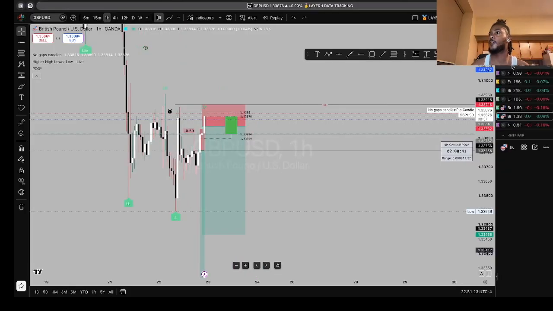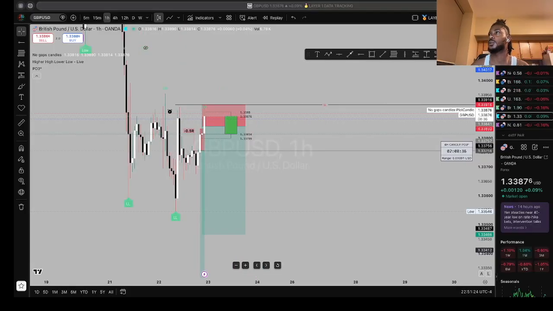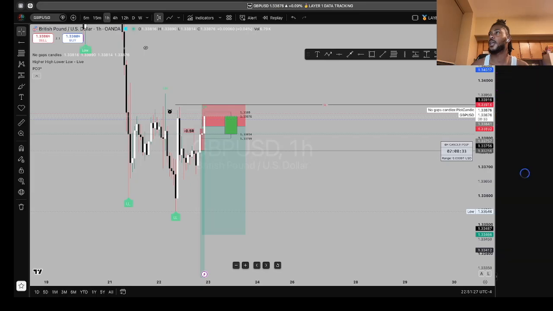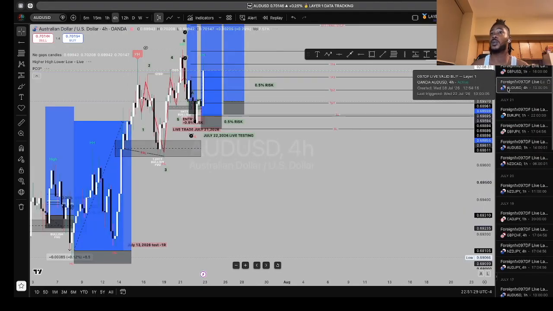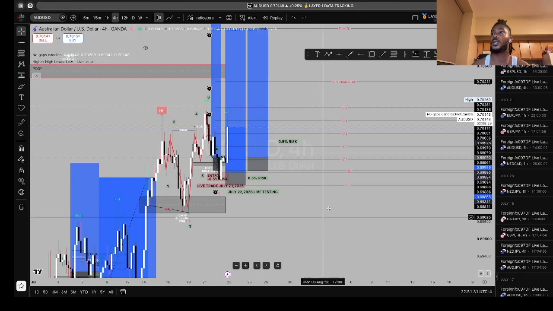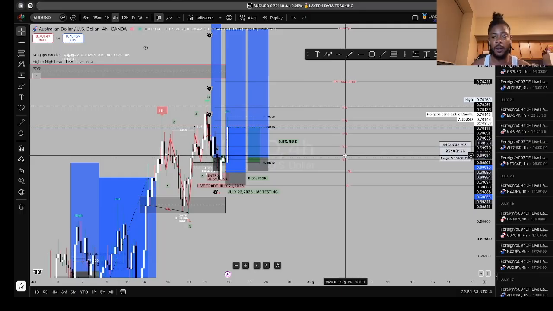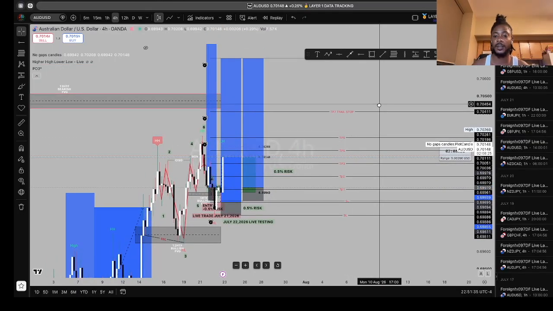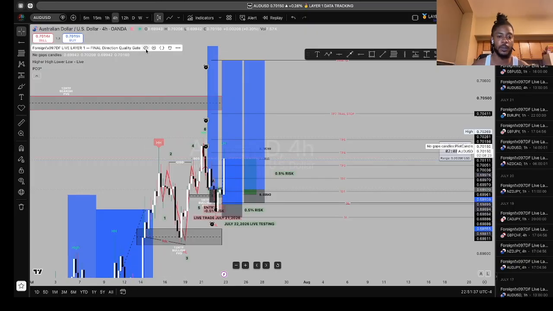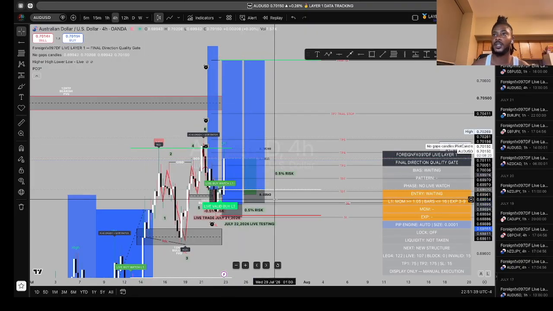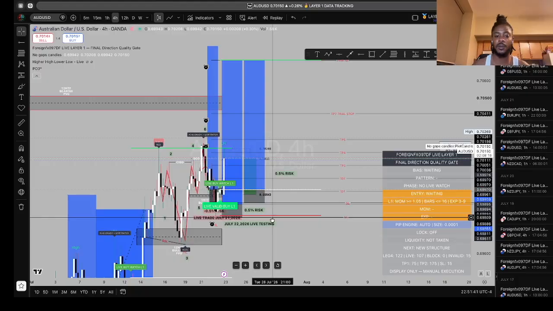And if we go to AUD USD, it is performing very well. We were at 4R for a while. So you can see the entry was right here, the stop is right there.